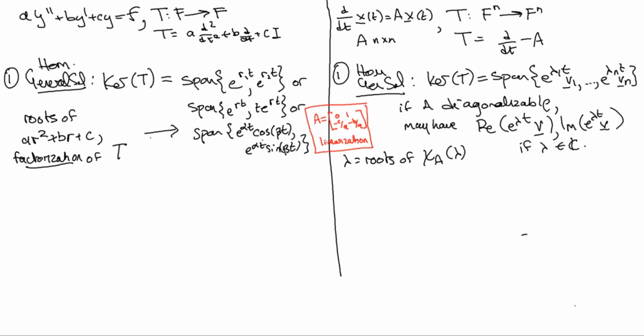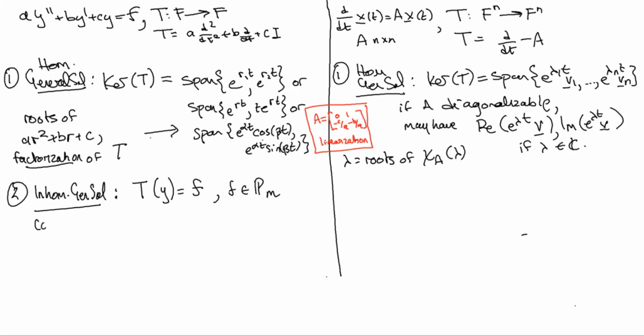Okay, the second step was how do you find the inhomogeneous general solution? So, well, if you want to solve T of y equals some function f, where f is a polynomial, then you consider an ansatz, you consider the restriction of this thing to a space of polynomials, and you solve the matrix version for some basis.